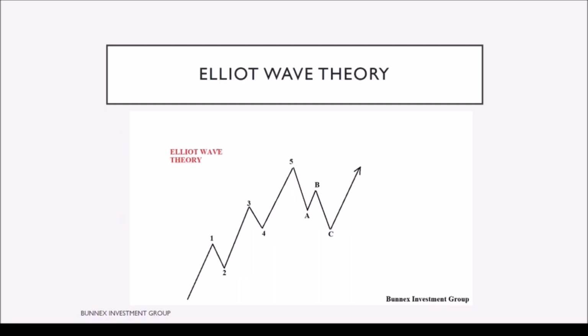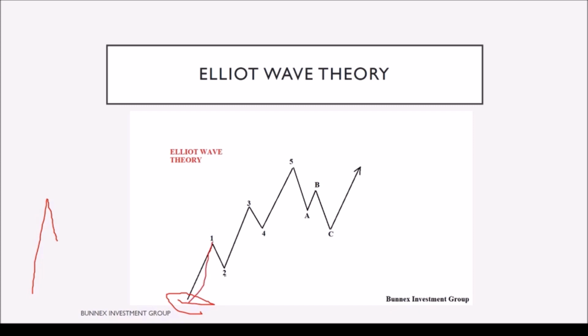So this is the pictorial illustration of the wave theory, whereby in the Elliott wave, we say that the market moves in 5 waves. By waves, we mean impulses or pushes. As you can see from this point, we had the first wave, right?